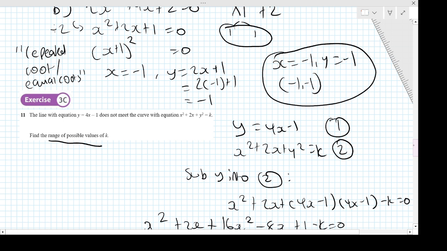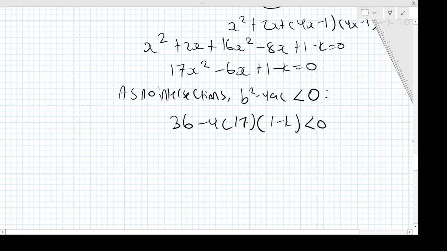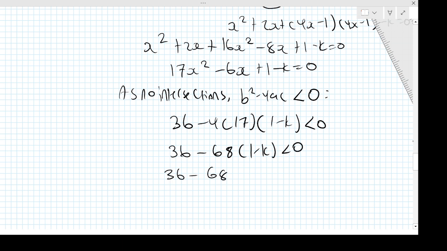A range usually implies that there's an inequality, because it can be a bunch of different possible values. Anyway, if we solve this, 36 minus 4 times 17, first of all, is 68. So 36 minus 68 times 1 minus k less than 0. Then I'm going to expand that: 36 minus 68, and minus 68 times minus k is plus 68k, less than 0.